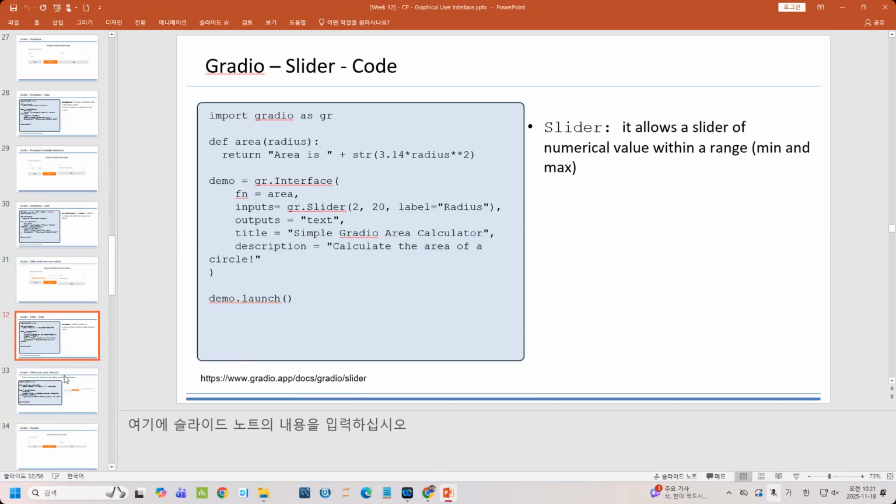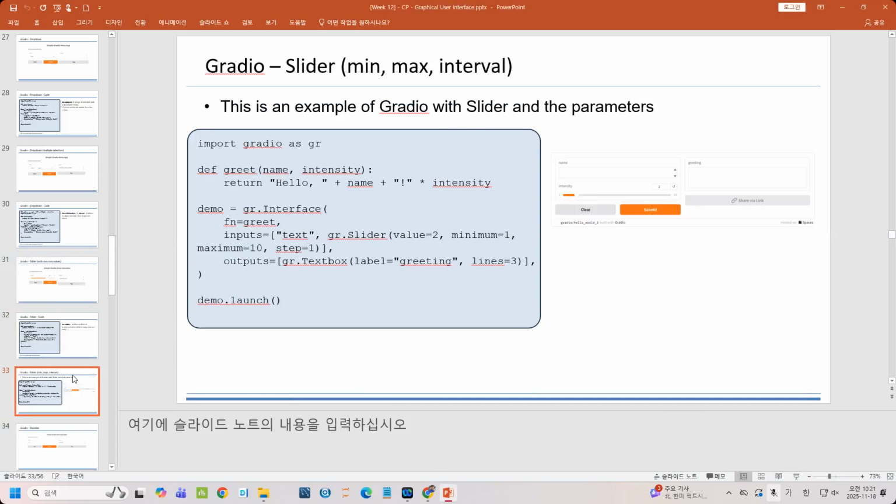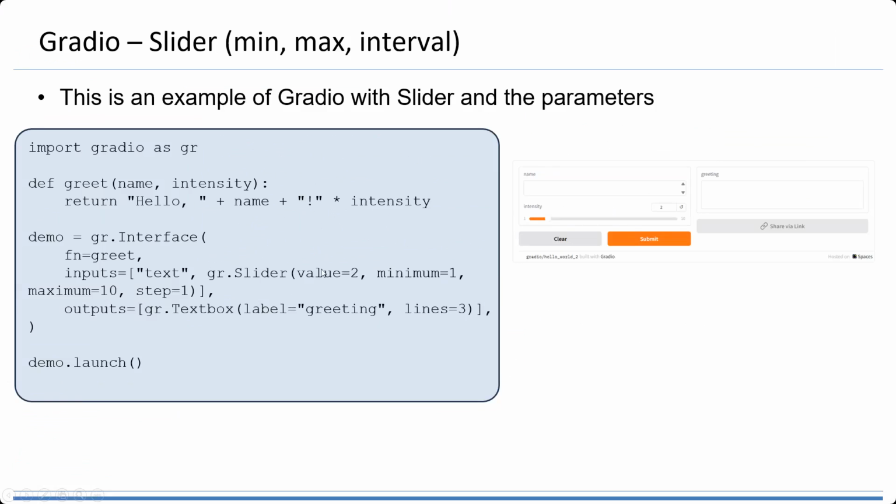Now we can have another option to deal with this slider. Yeah, you can have the slider. You can start with the value 2. So value 2 means the starting point is 2 and the minimum is 1.